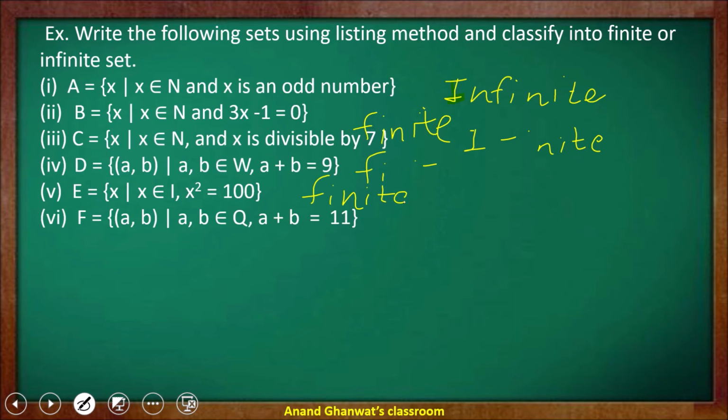Next example, set F is the set of all pairs a comma b such that a comma b belongs to rational numbers and a plus b is equal to 11. Let us try to enlist them.